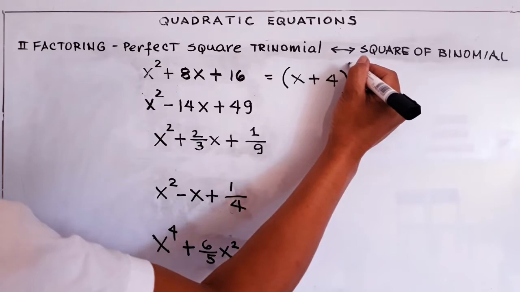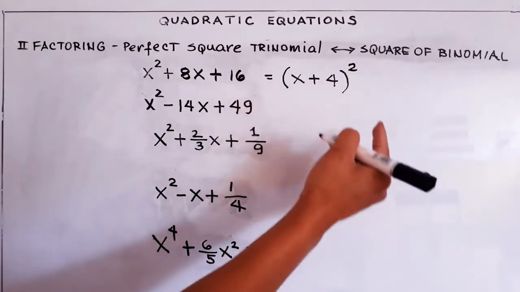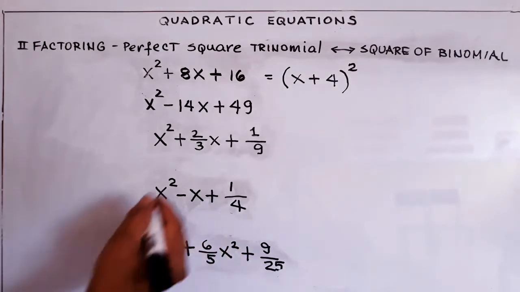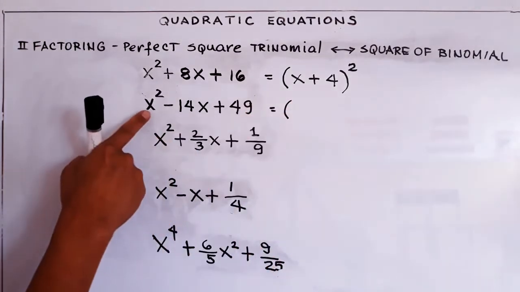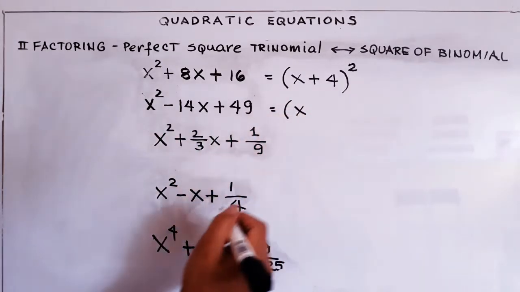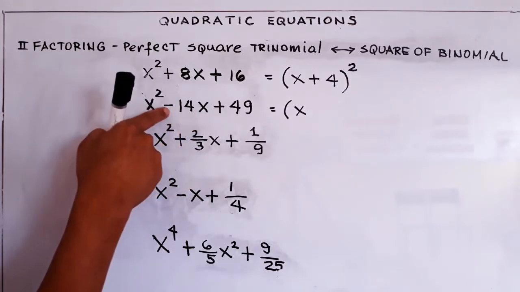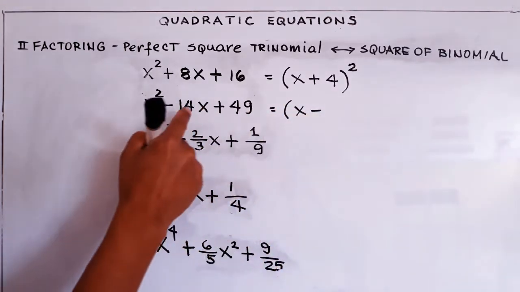But we'll just put here square, meaning we have (x + 4) squared. So that's it. Second one. We take the square root of x squared, which is x. We'll take note of the sign of the middle term here, which is negative. It's negative also here.